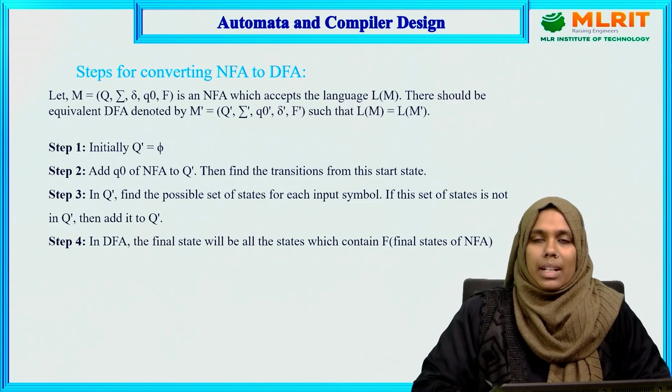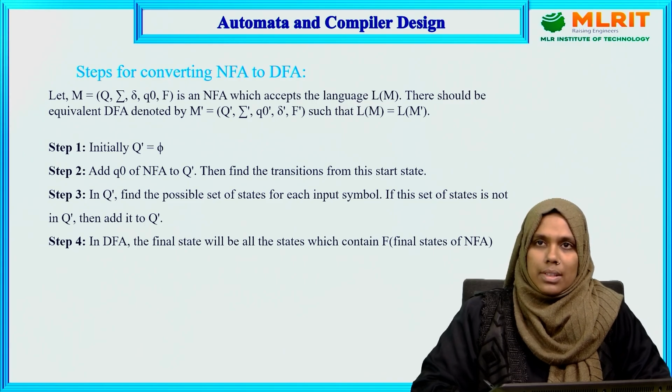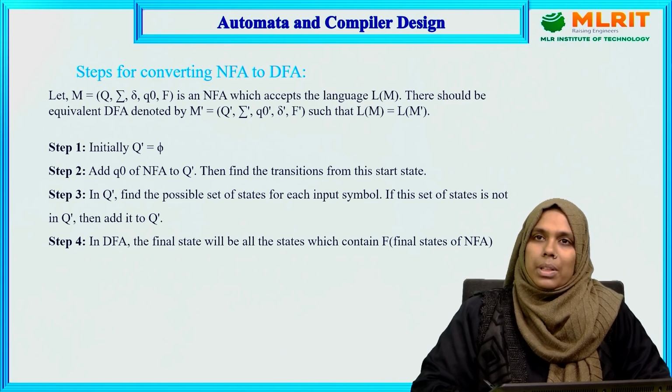That means it can have zero transitions or more than one transition. Whereas in the deterministic finite automata, from each and every state exactly one transition will be there. So this is the major difference between NFA and DFA.